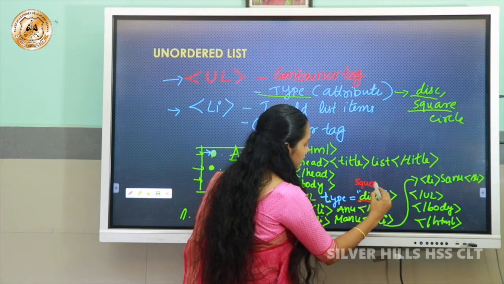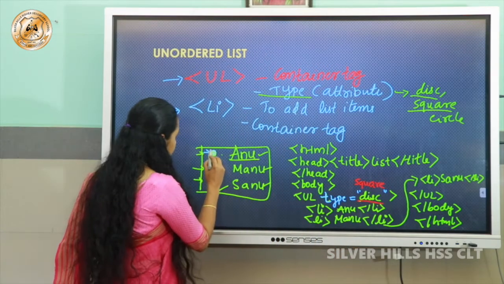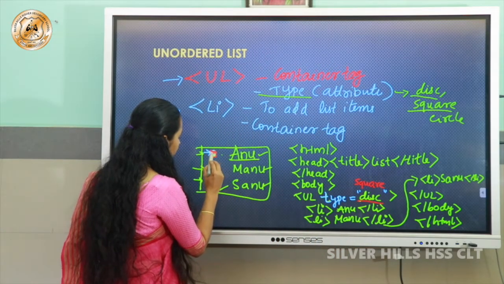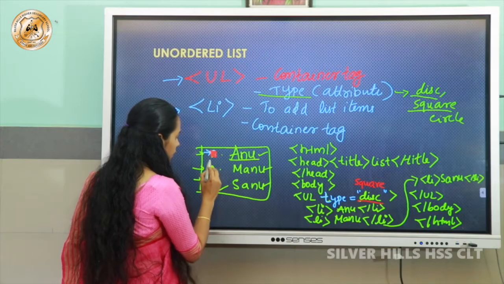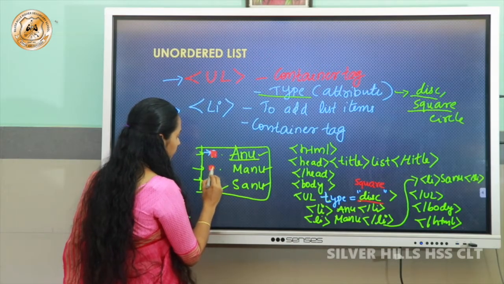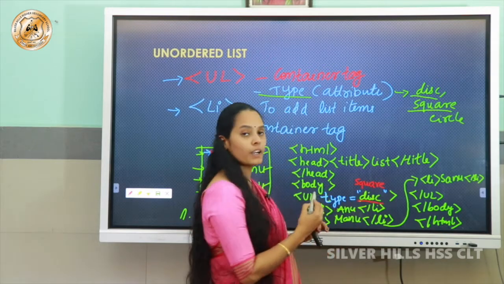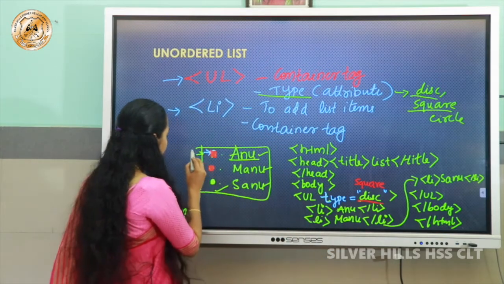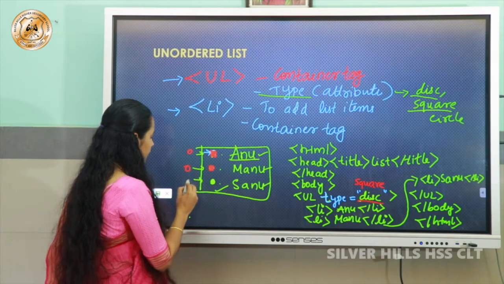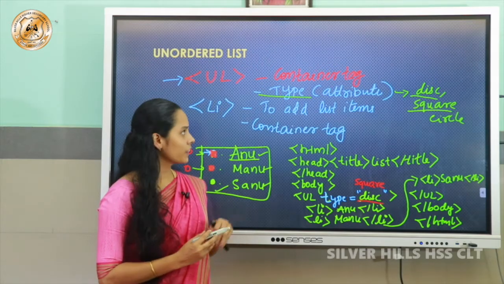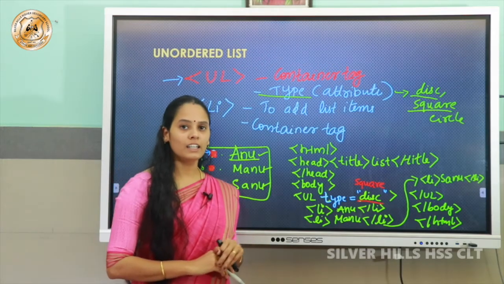If you are using it as square, you will get the bullet point in the form of a square like this, filled square. You will get it as a filled square. And if you are writing this instead of this square, if you are writing it as circle, then you will get your bullet points like this in the form of circle. This is about what? Unordered list.